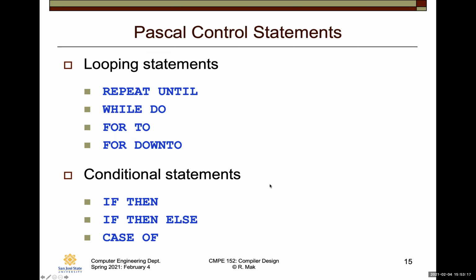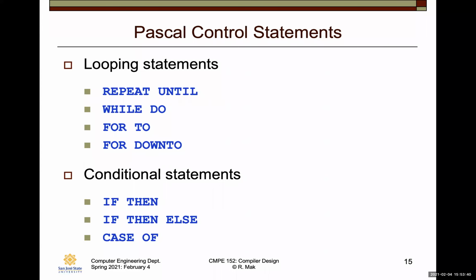There are conditional statements. There's the if then else statement. And then there's the case statement, which is equivalent to the switch statement in C++. Okay? So you can kind of see where the more modern languages have evolved from some of the concepts in Pascal.